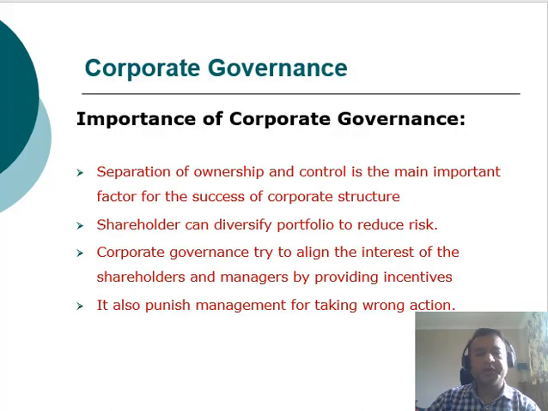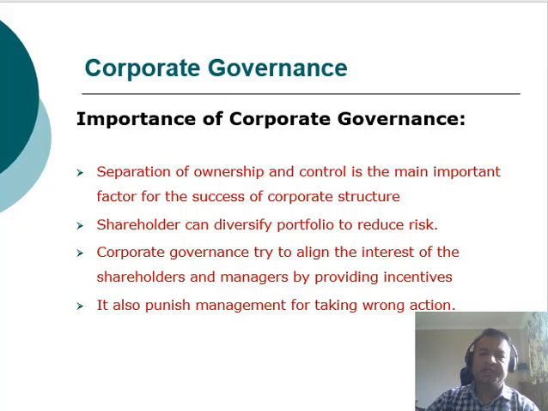So what is the importance of corporate governance? Number one, the separation of ownership and control is the main important factor for the success of the corporate structure. So the main success factor of the corporation lies in the separation between the management and the owners.